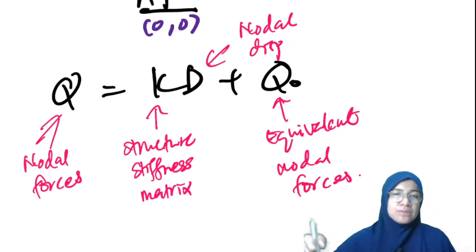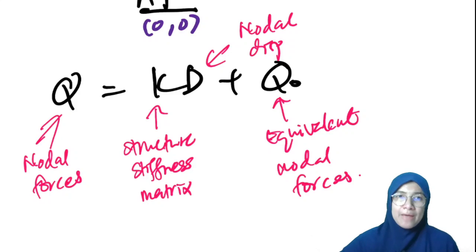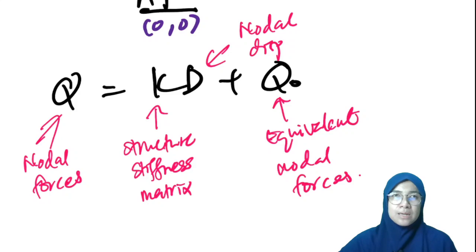Okay, in truss we use this formula whenever the truss has the effect of temperature changes as well as fabrication error. But for beam and frame, since normally beam has UDL on top of the beam, on the element, frame also has the same characteristics, same criteria.